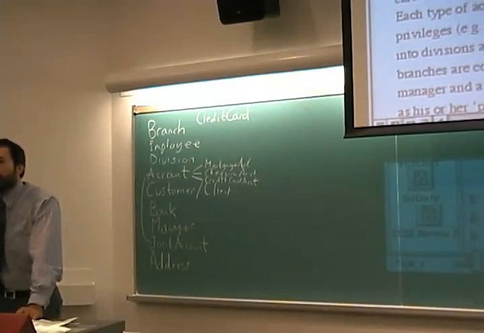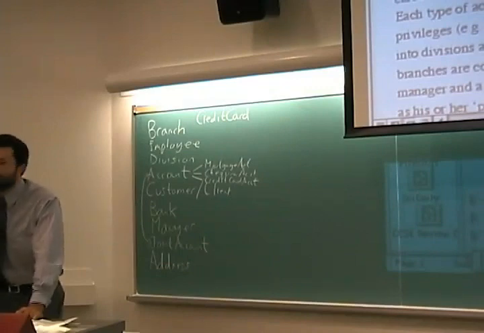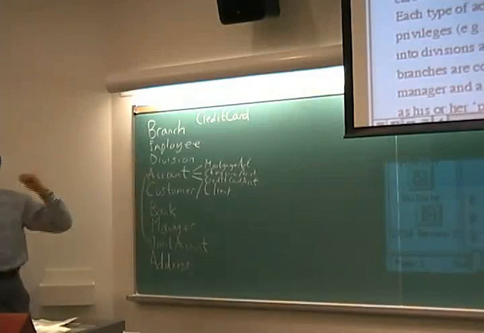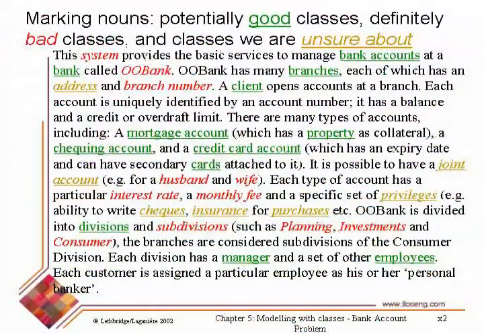Now, what do you think is the central class, or the central couple of classes, in what we've written down here? Hands up, where should we start the process of modeling from? One person says bank. Any other suggestions? We can create a superclass for employee and customer, like person.